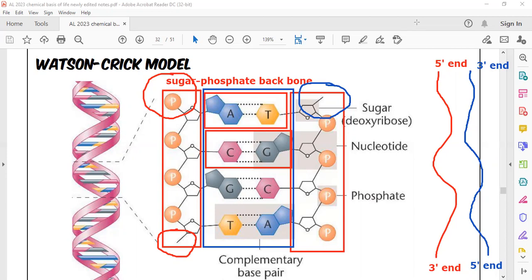Why? However many adenine there are, that many thymine there are.